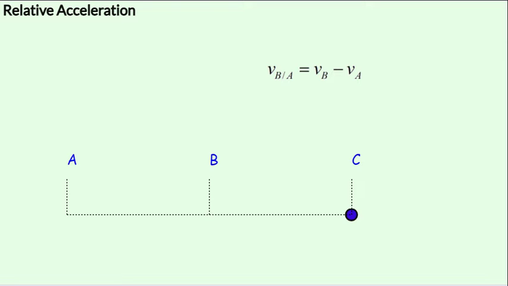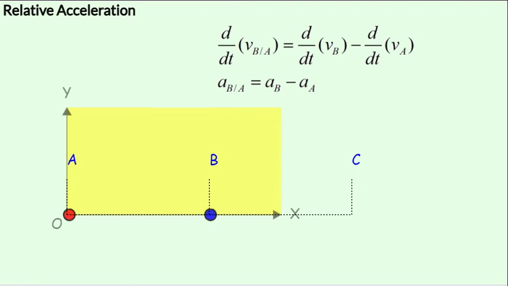When we obtained the relative velocity of B with respect to A, it was simply the difference in their velocities as computed from the ground frame of reference. What about relative acceleration? Can we use the same formula? Let's differentiate the relative velocity equation with respect to time, and we obtain the relative acceleration of B with respect to A as AB minus AA.